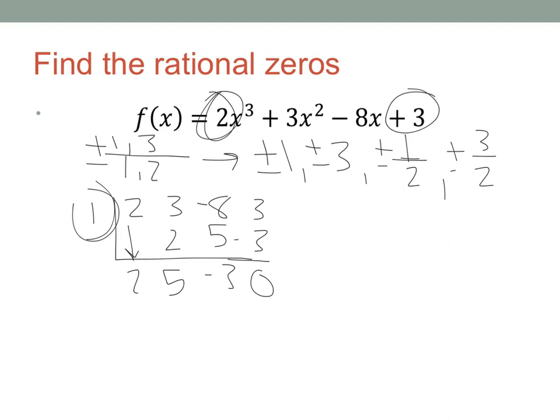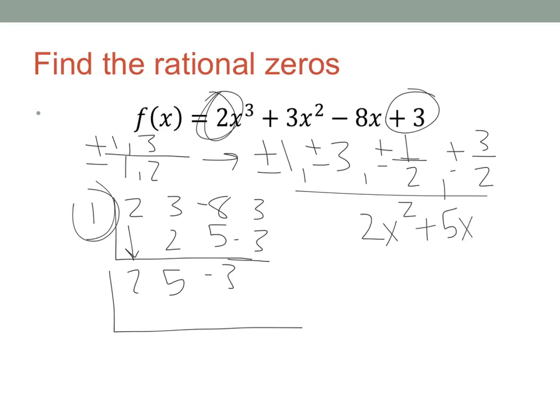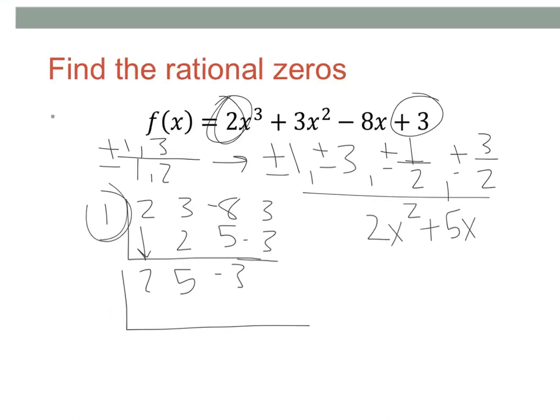So now, again, what I can do is just use these coefficients. I'm going to erase that because now I'm just down to 2, 5, and -3. And I can continue going through my list, or if you can recognize that this polynomial, 2, 5, and -3, if you are a person that likes to factor, which I know hardly any of you are, but in case you like that better than this, notice that this is 2x squared plus 5x minus 3.